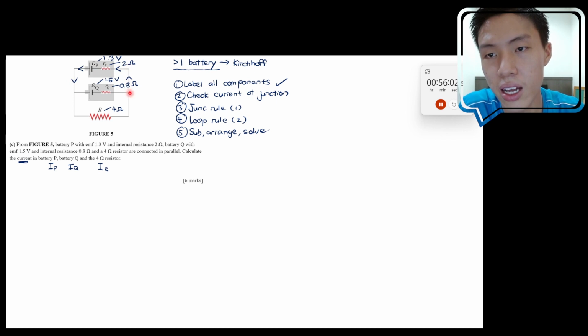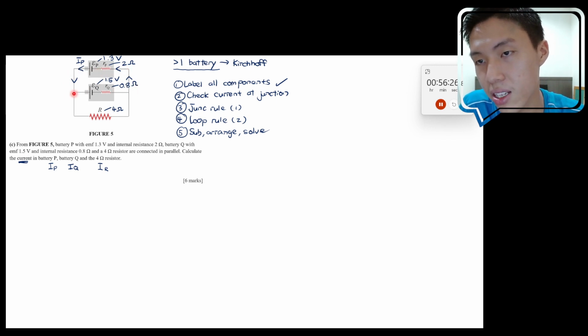Along this path they should be in the same direction. So this path over here I'll call it as IP. And the direction should be consistent from one junction to another junction. So from this junction to that junction, it has to be consistent in one direction. You cannot have one side going this way and another side going this way.